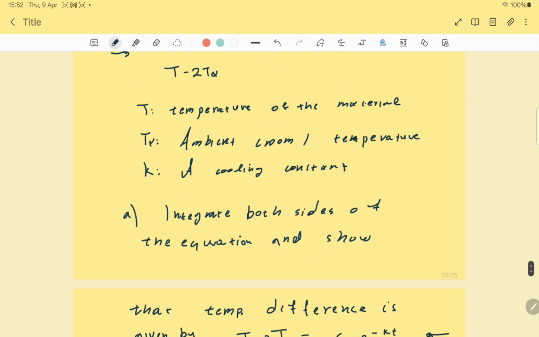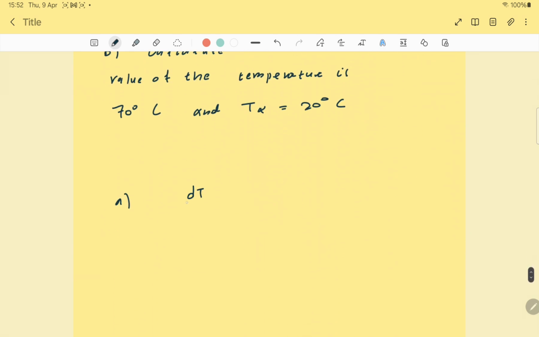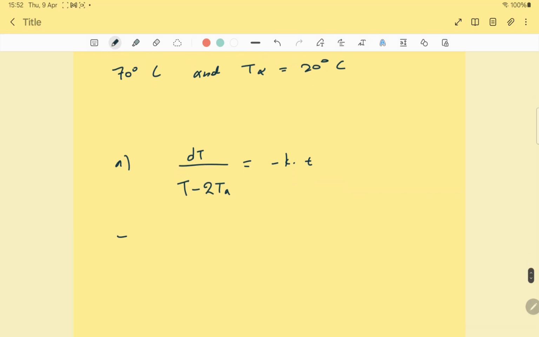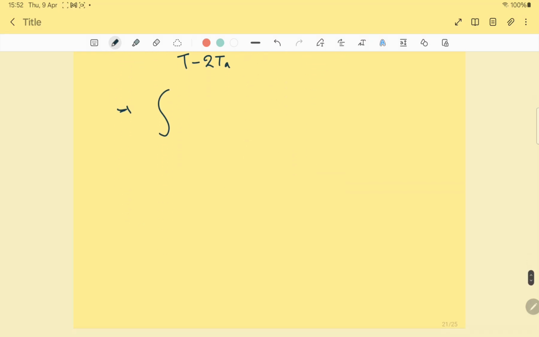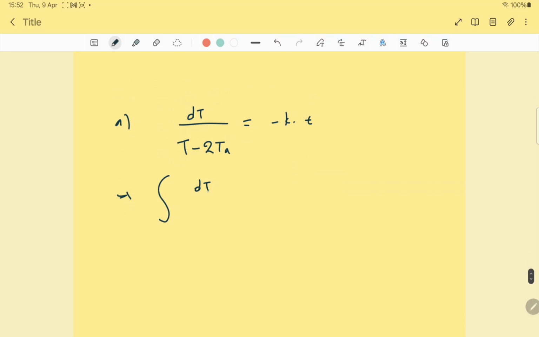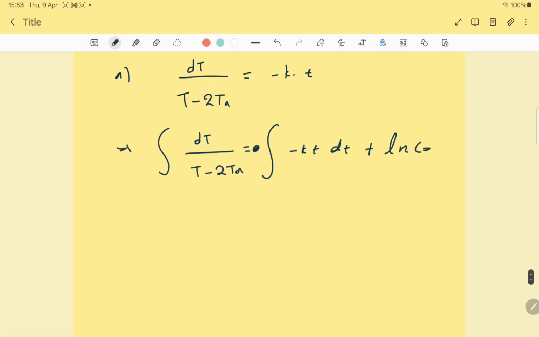We go back to the differential equation. We have dT over T minus Ta equals minus k times small t. Integrate both sides, plus ln C0, which is a constant.